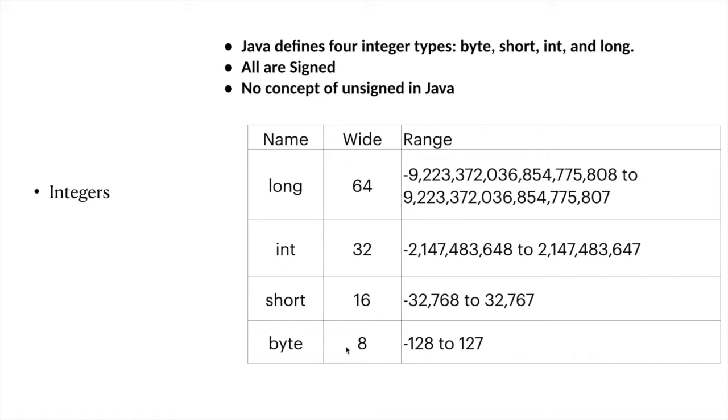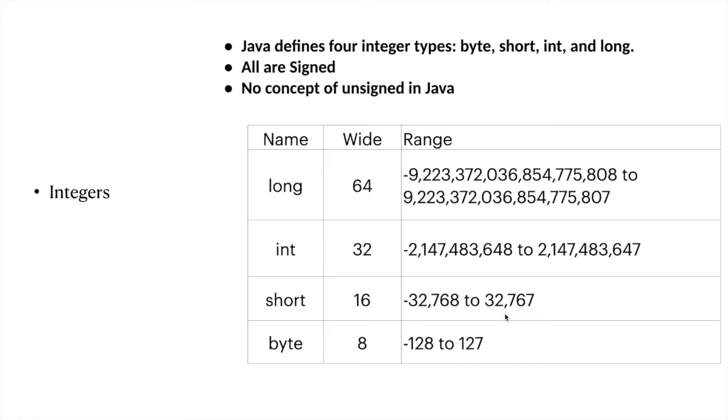When we say 8 bits wide, we can handle numbers up to the power of 8 widths on the negative as well as the positive side. And then short data type, which is 16 bits wide, and this can handle numbers from minus 30,700 to positive 30,700.